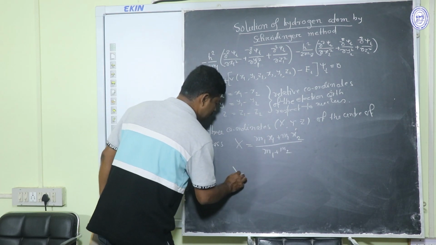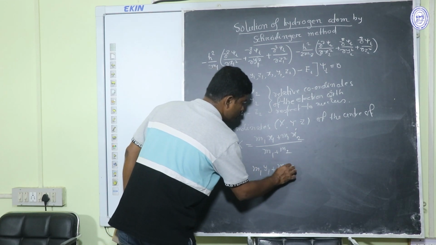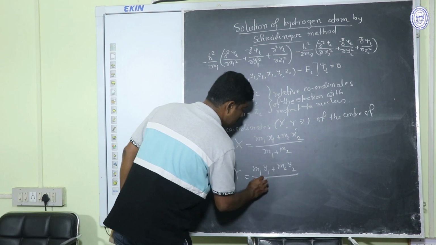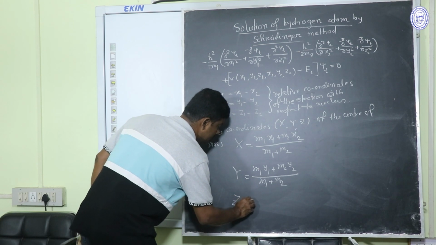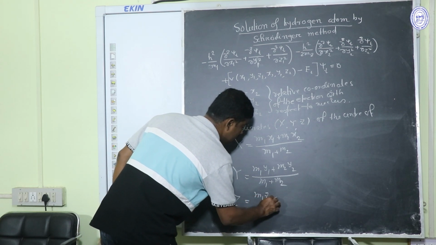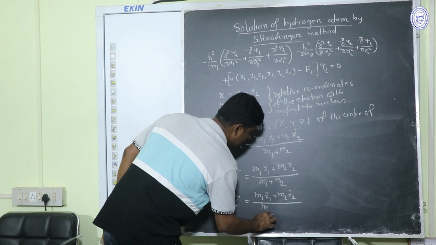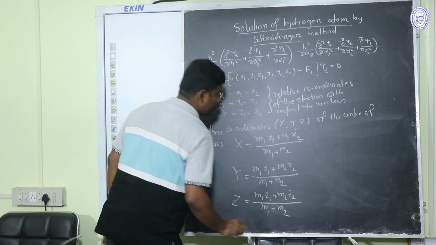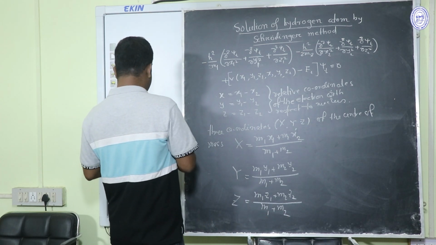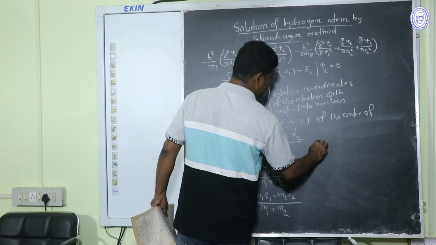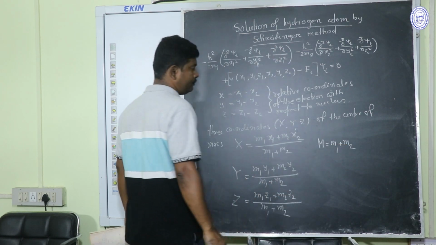So capital Y will be equal to m1 y1 plus m2 y2 divided by m1 plus m2, and capital Z will be equal to m1 z1 plus m2 z2 divided by m1 plus m2, where capital M is equal to m1 plus m2.